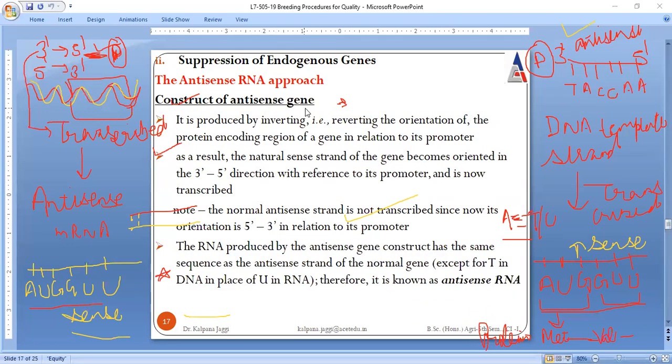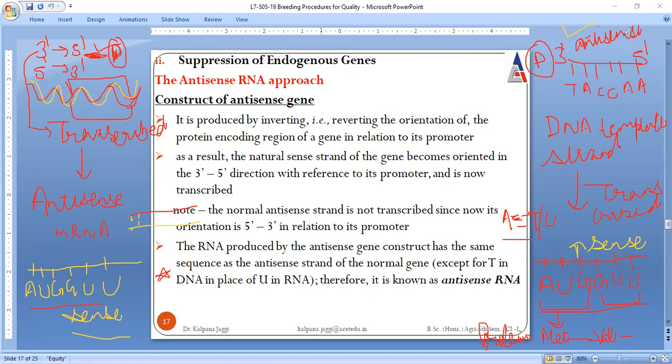Now, how is the antisense gene to be constructed? When we talk about the construction of the antisense gene, that means this gene that codes this antisense fragment is to be constructed.